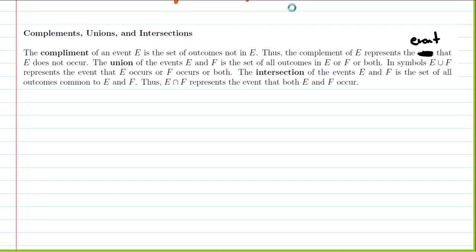In symbols, E union F represents the event that E occurs or F occurs or both. The intersection of the events E and F is the set of all outcomes common to E and F. Thus, E intersect F, or E and F, is the event that both the event E and the event F occur.